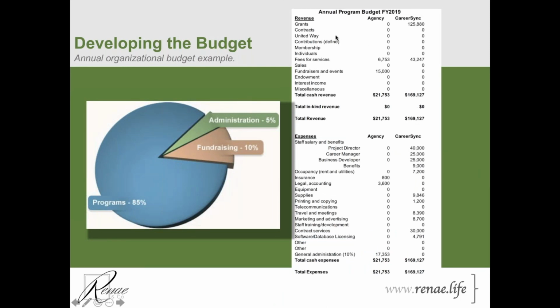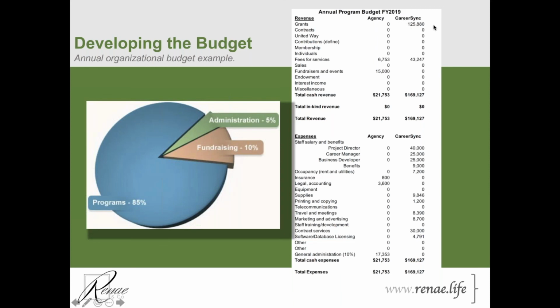As you can see, the revenue is listed in the top portion of the budget. Maybe you're charging fees for services. That could be after school program fees, whatever those fees may be, fundraisers or events, whatever grants you may have. That is what you would list in the top section. In the top section, it is also categorized by where this funding is going.